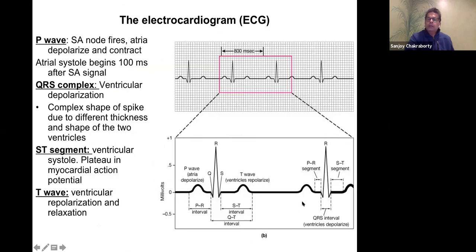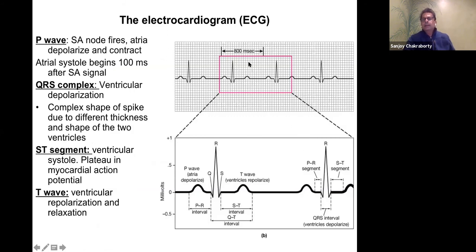But your heart is beating approximately every 800 milliseconds, if we assume our heart rate is 75. In 1 minute, meaning 60 seconds, so 60,000 milliseconds, if you divide 60,000 milliseconds by 75, you'll get approximately 800 milliseconds.